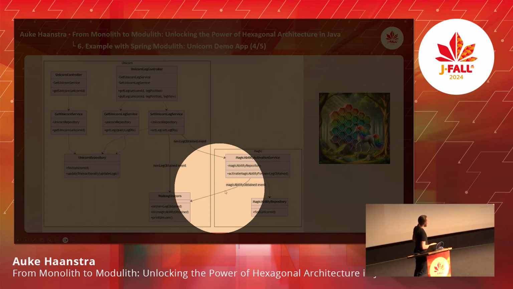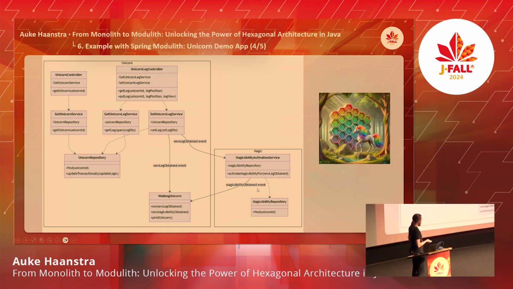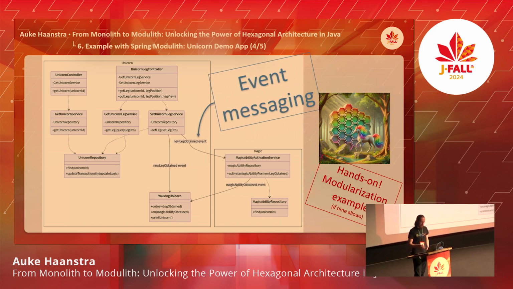And both of those events are received here by the walking unicorn. That's actually the presenter in this case, the adapter that displays the unicorn on the screen. So we've looked at event messaging. And let's see whether we still have got time. Oh, quite a bit. Let's do a hands-on modularization example.